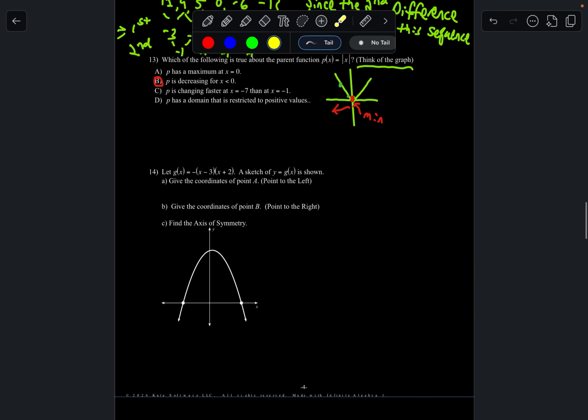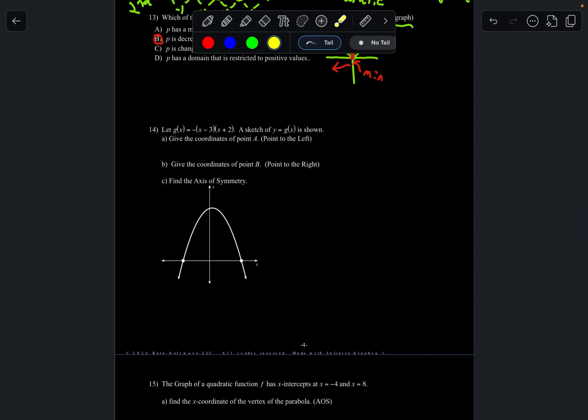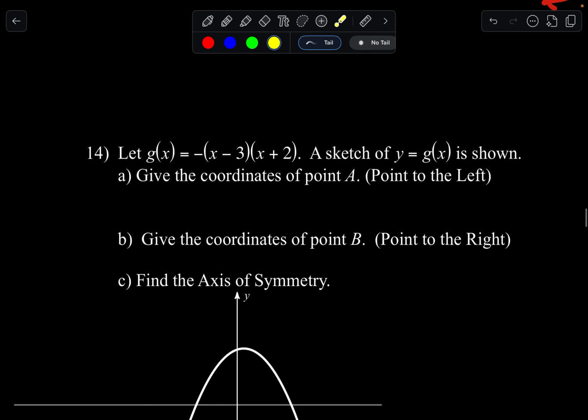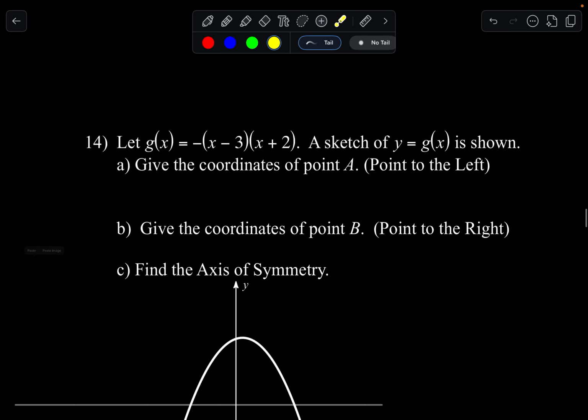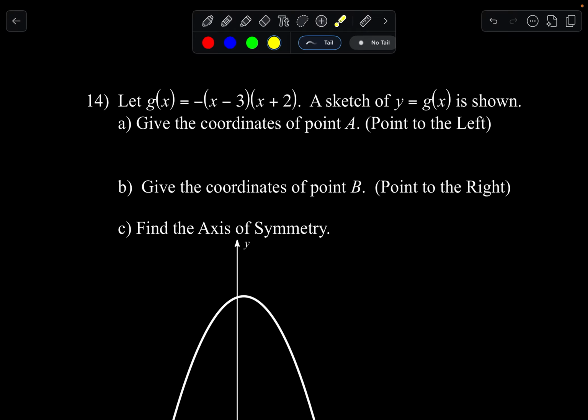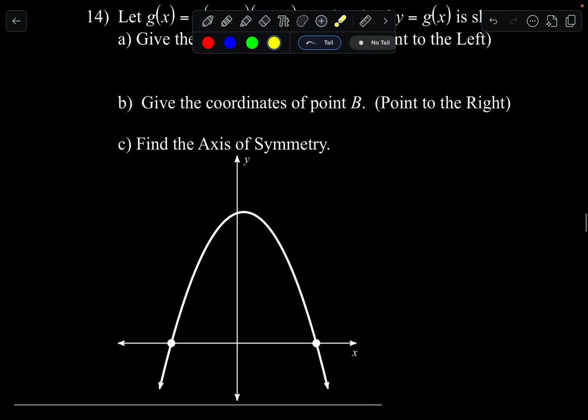All right. Now on 14, y equals the opposite of x minus 3 times x plus 2. And here's the sketch. It is shown, give the coordinates of point A, point to the left. Okay, so this right here, you should mark it on your paper.